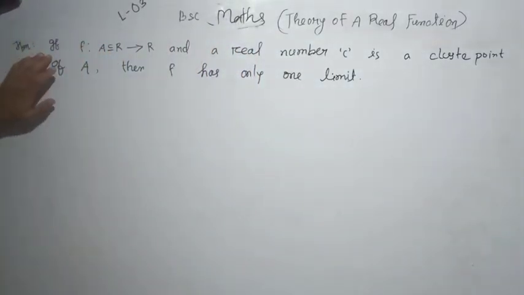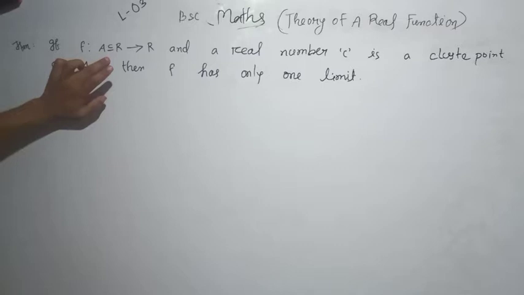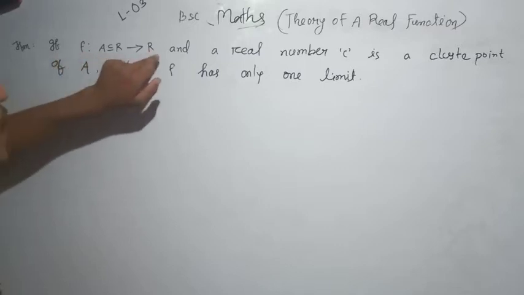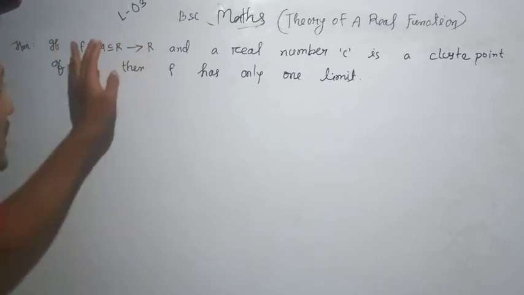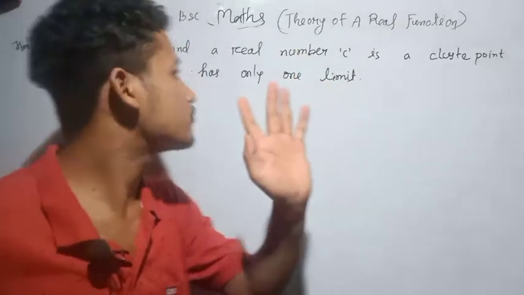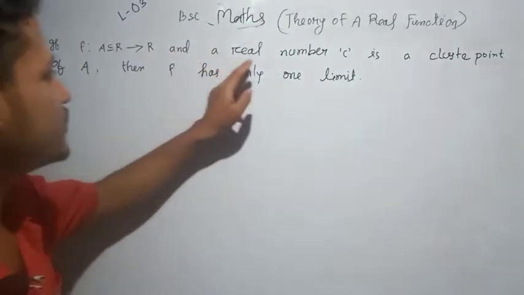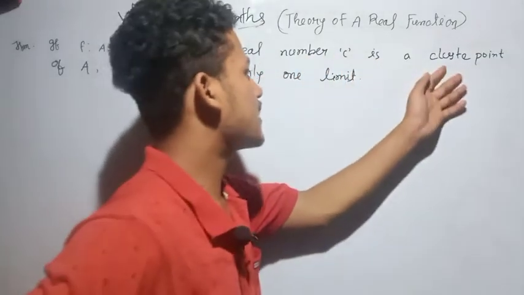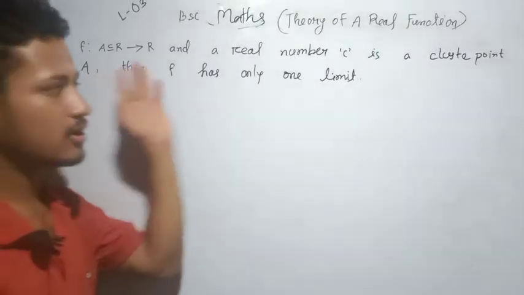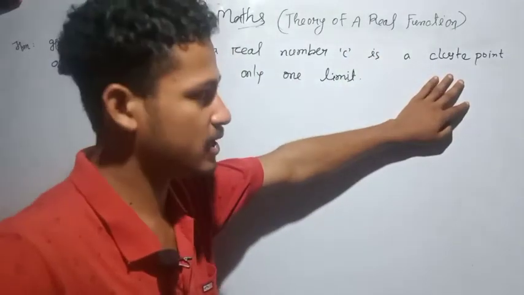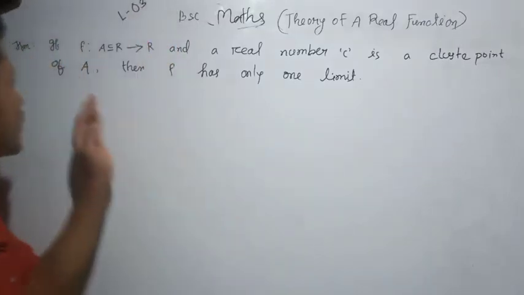This theorem says: if f is a function from a subset A of R to R, that means f is a function from A to R, but A is a subset of R, and a real number C is a cluster point of A (cluster point and limit point are the same).